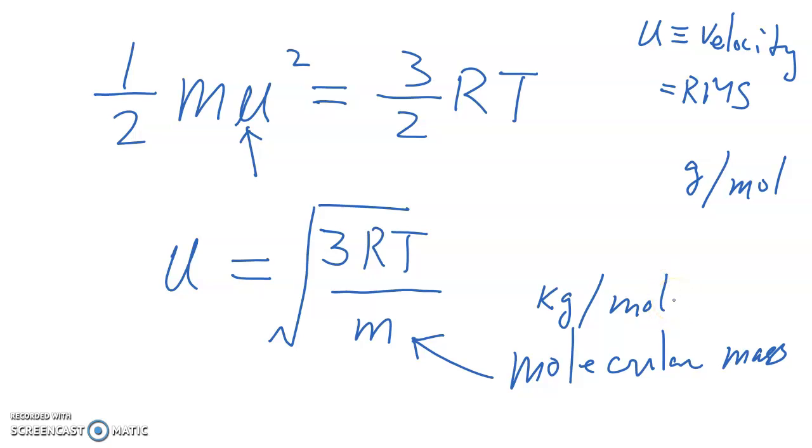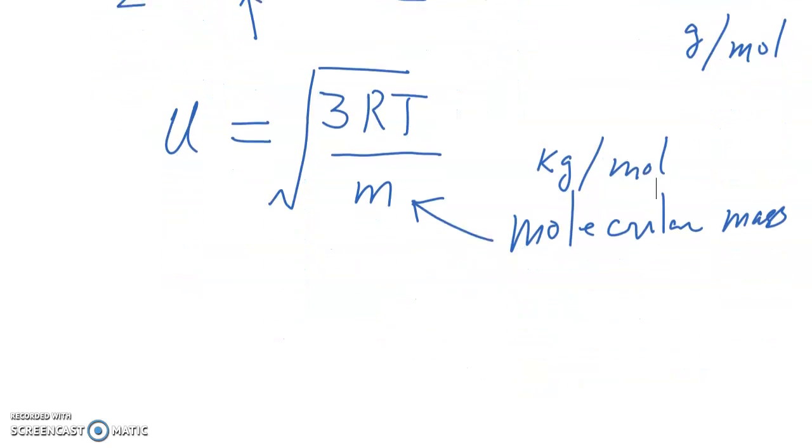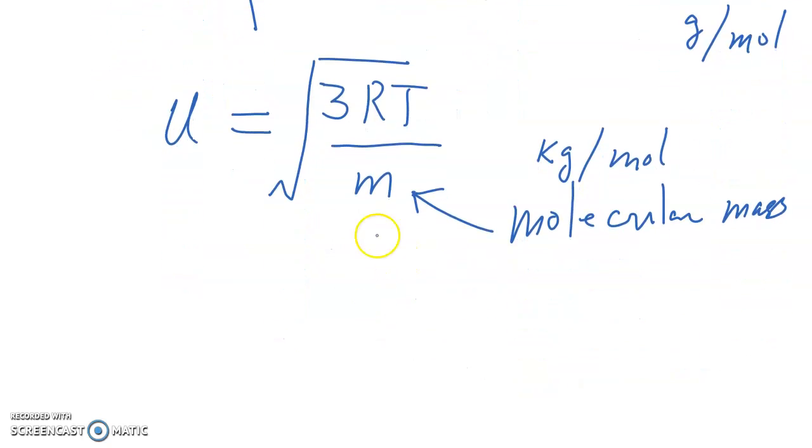If you look at this formula, what happens if the molecular weight of the gas is higher? What will be the velocity? If this number is higher, that means this number will be lower, because here is the denominator.